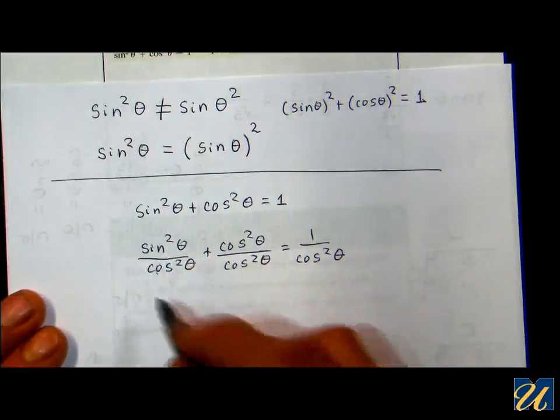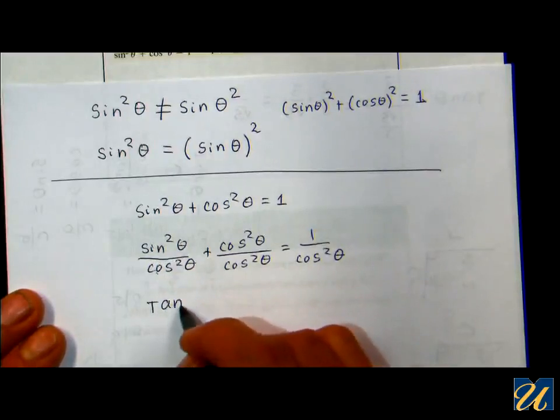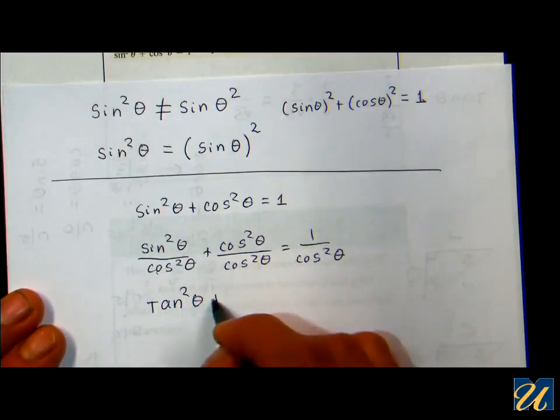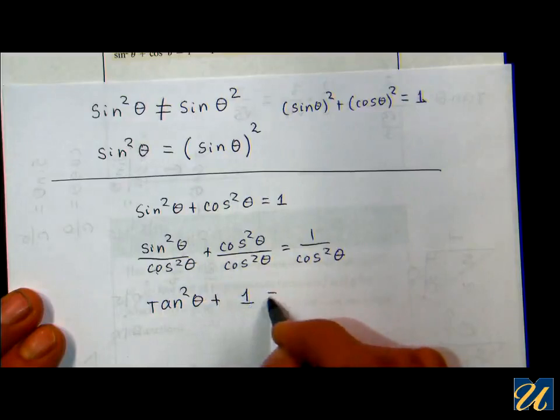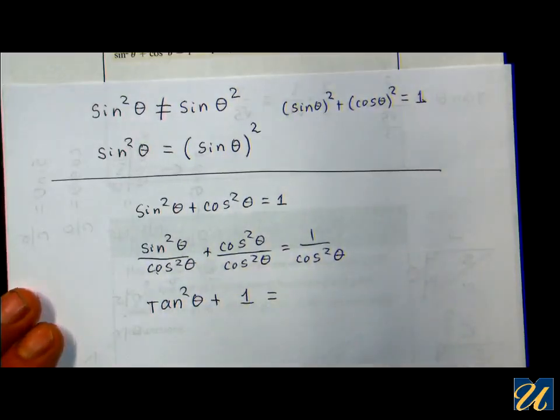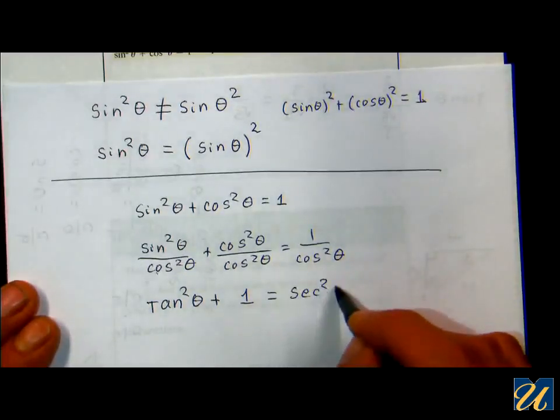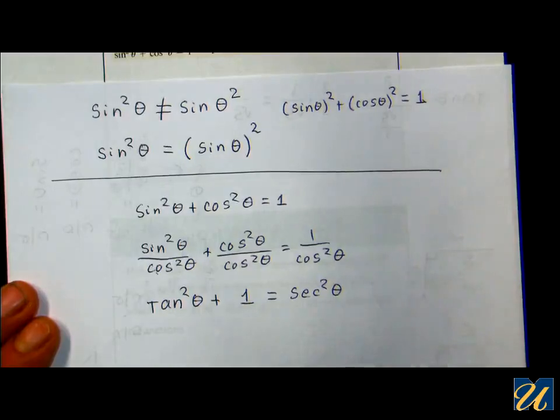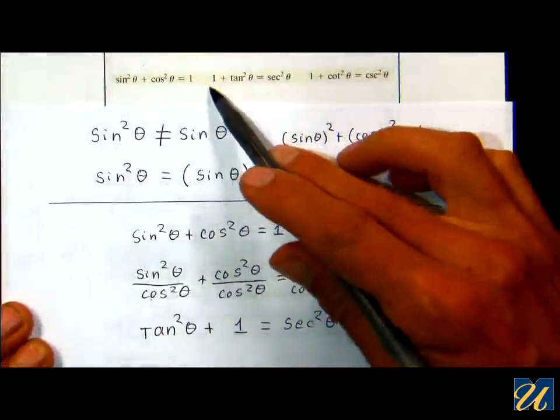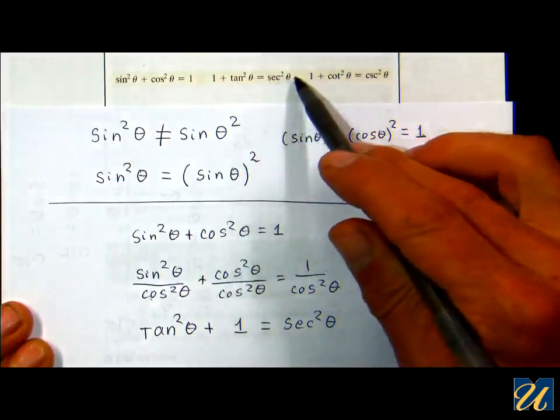So sine squared divided by cosine square is tangent square. Cosine squared divided by cosine square is 1, and 1 divided by cosine is the secant. So 1 divided by the cosine square is the secant square. And that shows how to derive this Pythagorean identity right here.